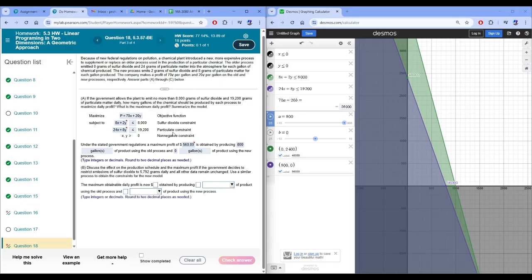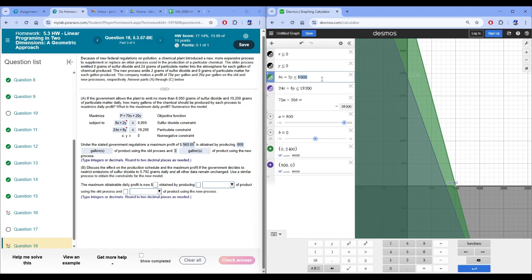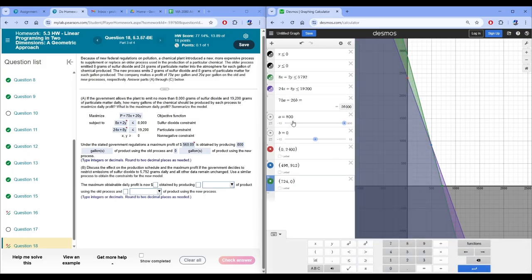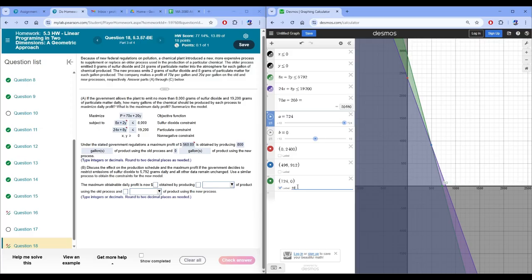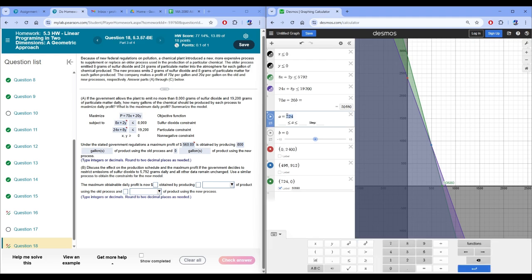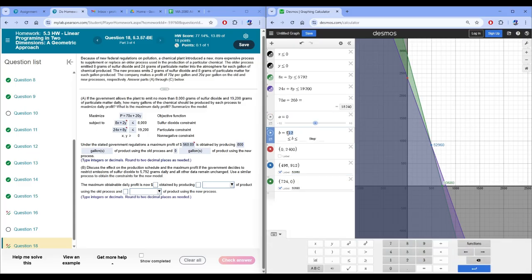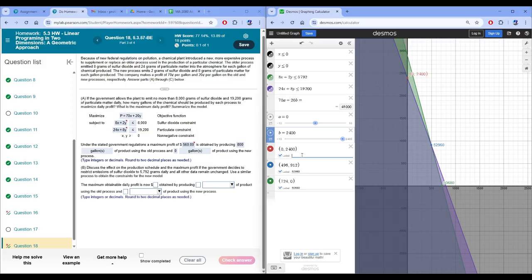Now, if they want to restrict sulfur, which was the first one, down to 5792, what would that change? That would change our points of intersection. My new points would be here, here, and here. So now I would have to check. This point is 724, and that's going to give me 506.80. Then 496 and 912 will give me 52960. And last, I'll check the point 2400, which gives me 48123.